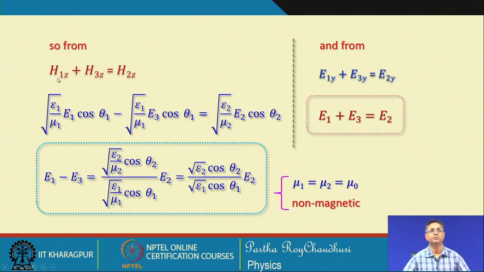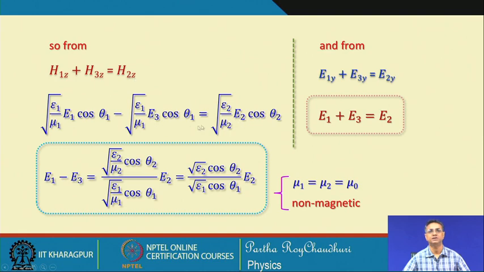So, from this first boundary condition, that the tangential component of the magnetic field will be continuous, we can write this magnetic field in terms of this, because anyway epsilon 1 by mu 1 E1 cosine theta 1 will represent this H1z, and we have seen this will be for H3z and for H2z.